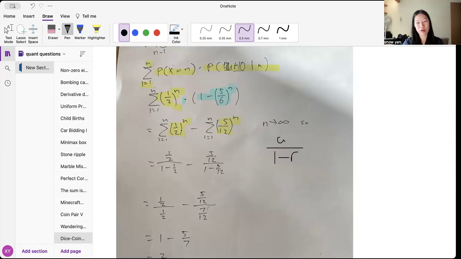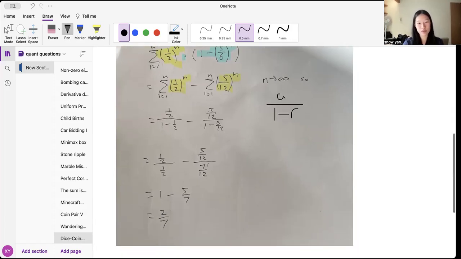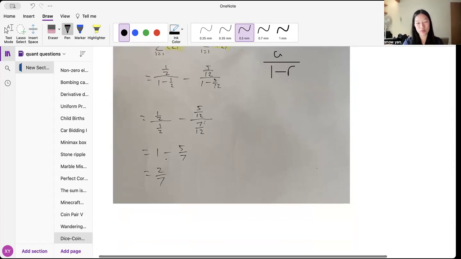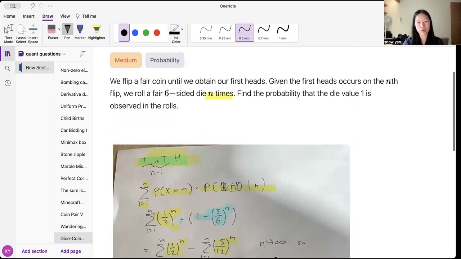Here the common ratio and the initial term are the same. So it's 1/2 divided by 1 minus 1/2, minus 5/12 divided by 1 minus 5/12. With a little simplification, it's 1 minus 5/7, so we get 2/7 as our final answer.